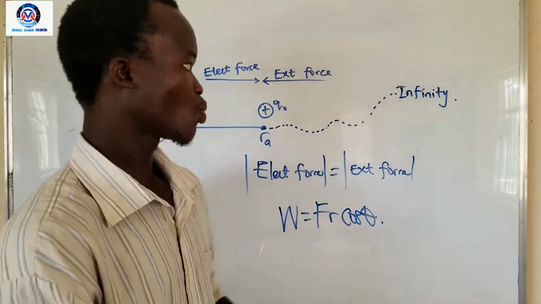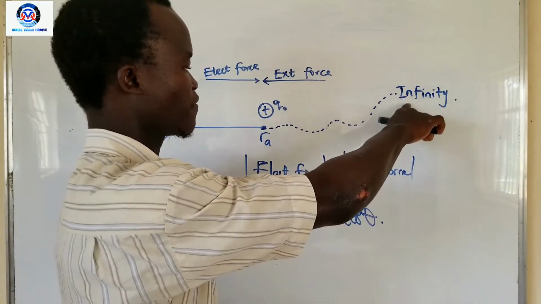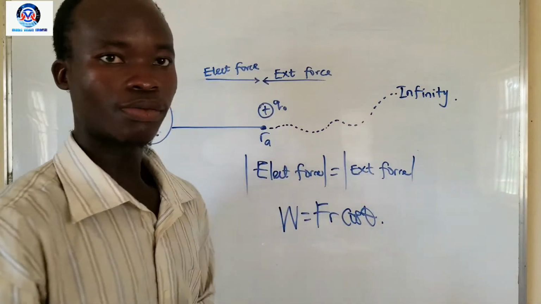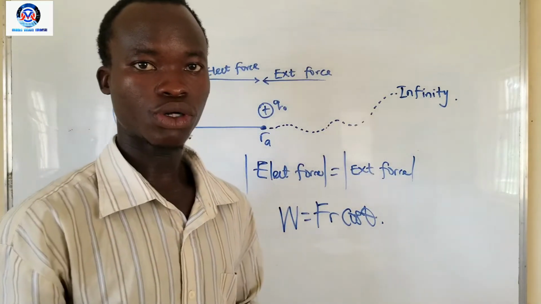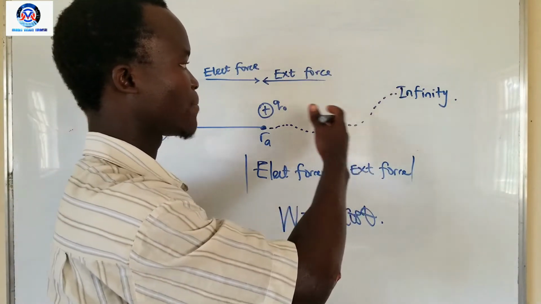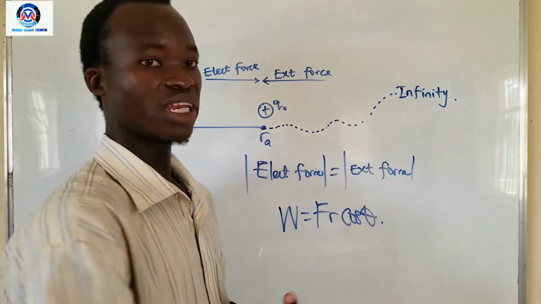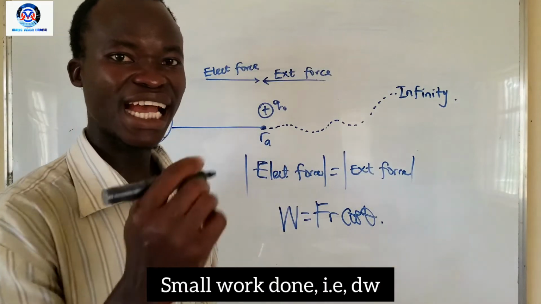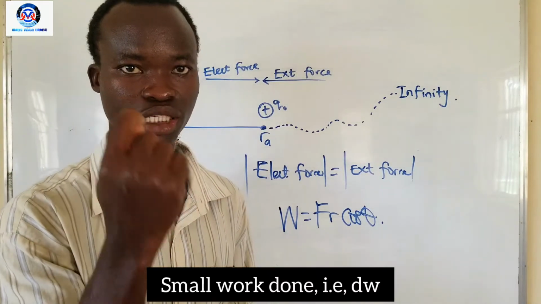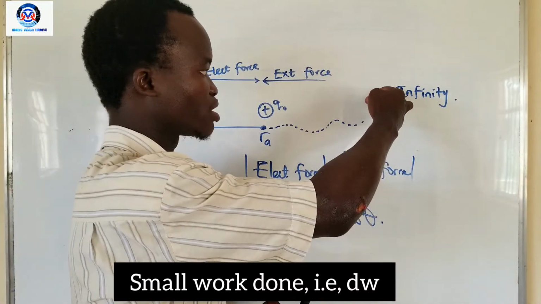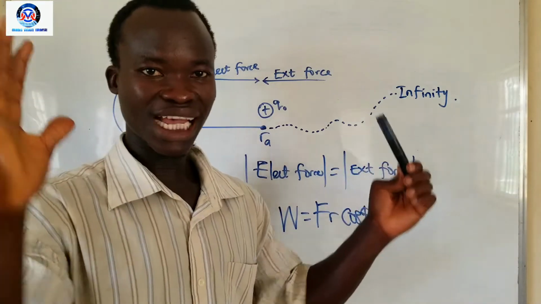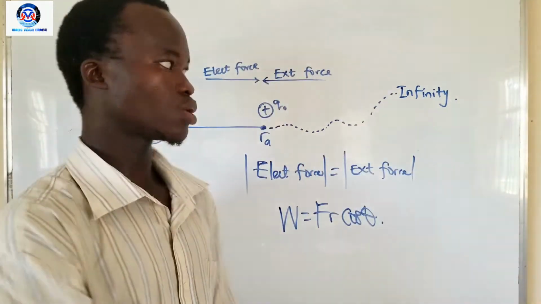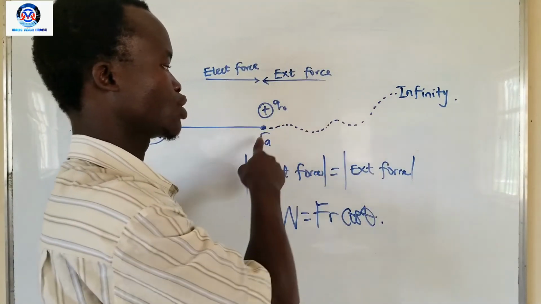Now we want to find the work that is done from infinity to a point Ra, but we can't just find the work done straightforwardly because the path taken by the charge is not a linear path. So we have to consider the tiny work done, the small work done on the path, and sum all the tiny work done together. The summing up of the tiny work done will give us the total work done on the charge from infinity to Ra.